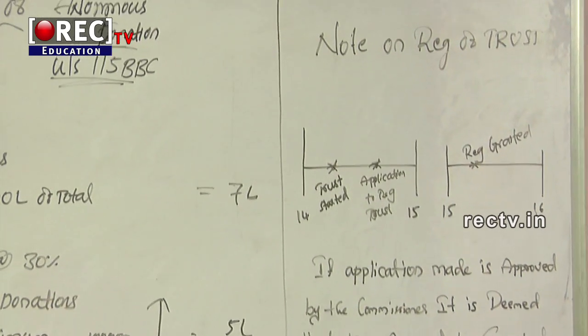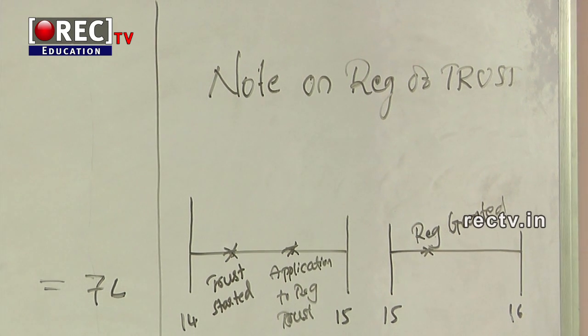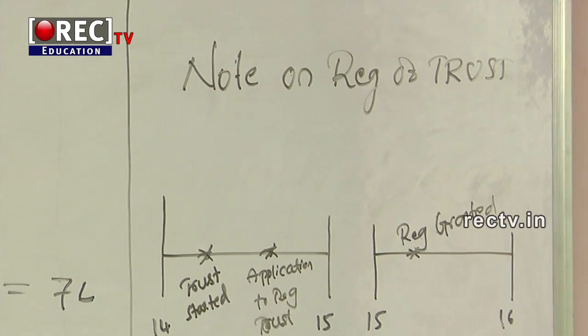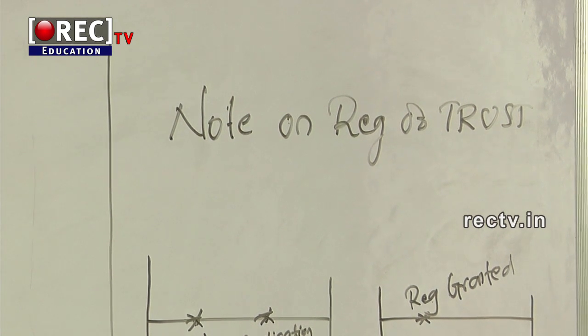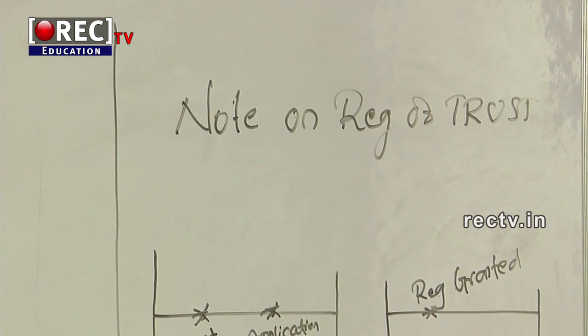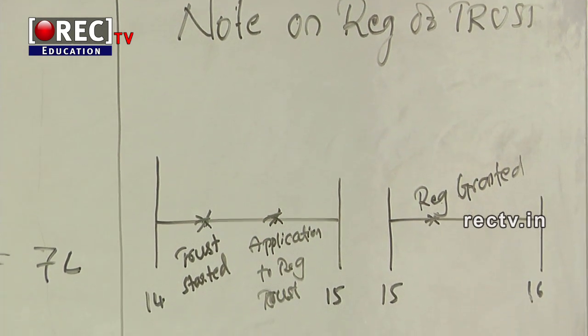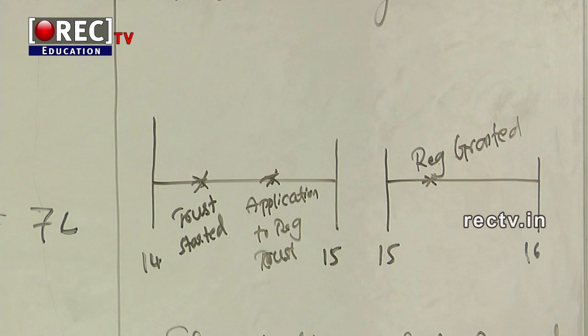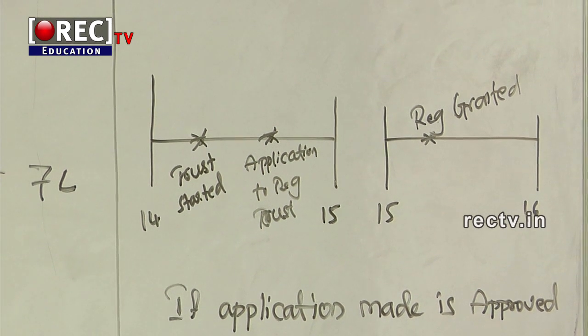Now, the last topic of income exempt from tax, that is note on the registration of trust. Here there is a previous year, that is 2014-15.